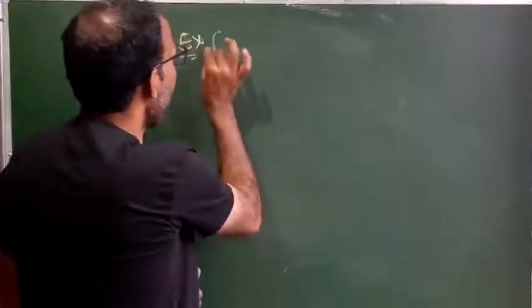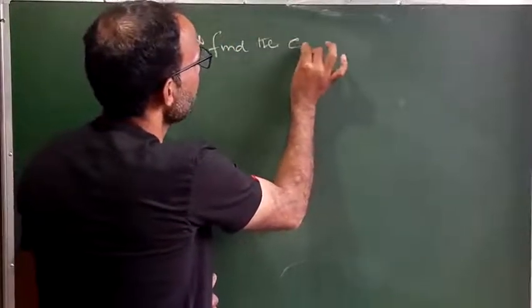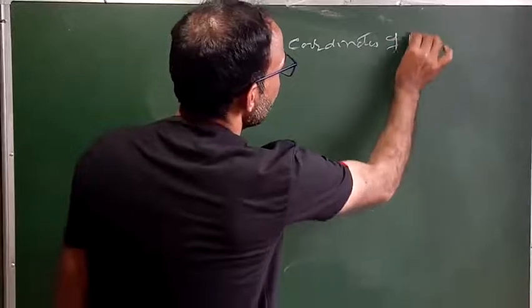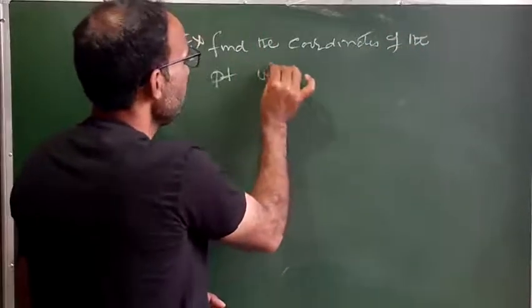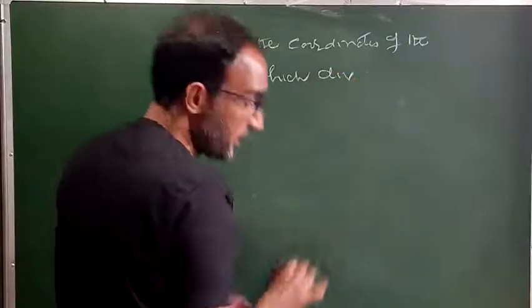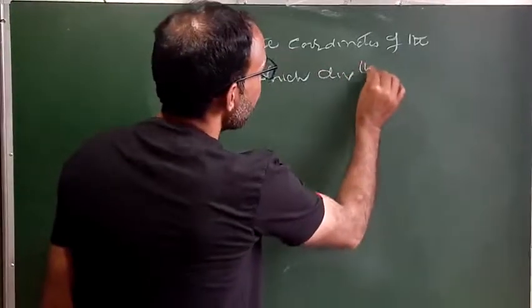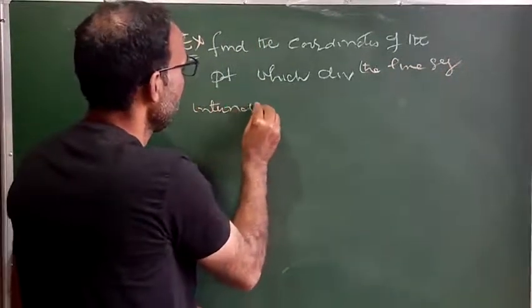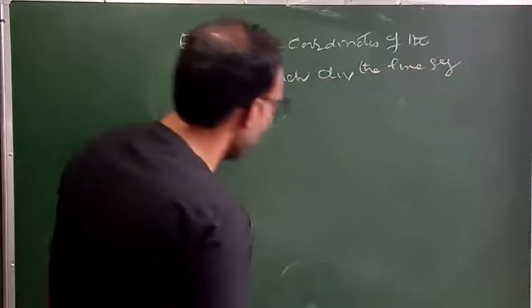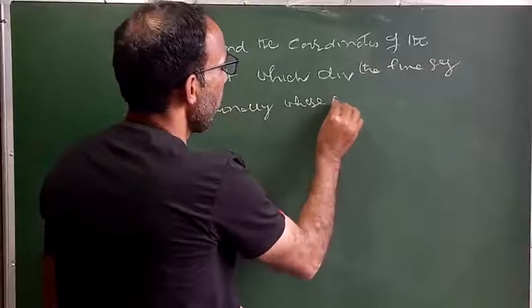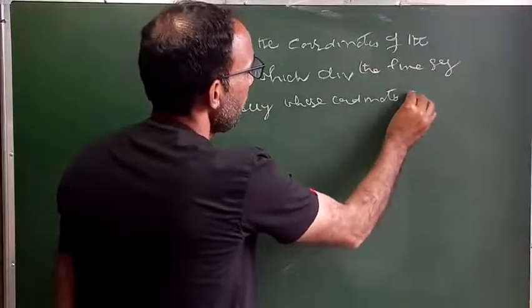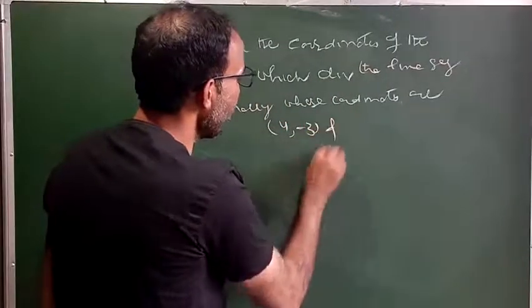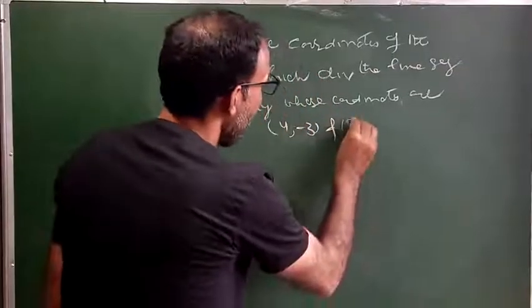Find the coordinates of the point which divides the line segment internally, whose coordinates are 4 comma minus 3 and 8 comma 5.